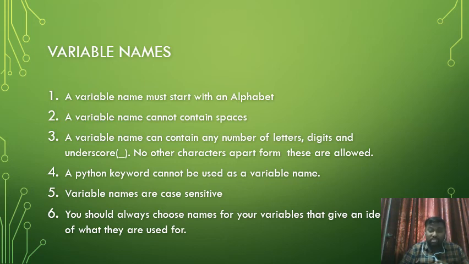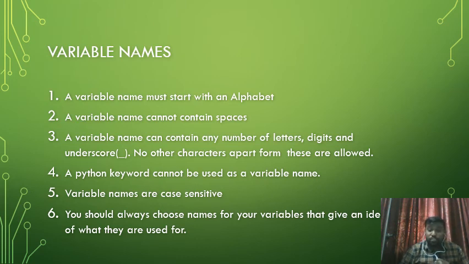The fourth point is a Python keyword cannot be used as a variable name, because the keywords of the Python language are already created by the program developer, so we can't use a Python keyword as a variable name. And variable names are case sensitive. Python is case sensitive, so where we have to use small letters, we must use small, and where we have to use capital letters, we must use capital.